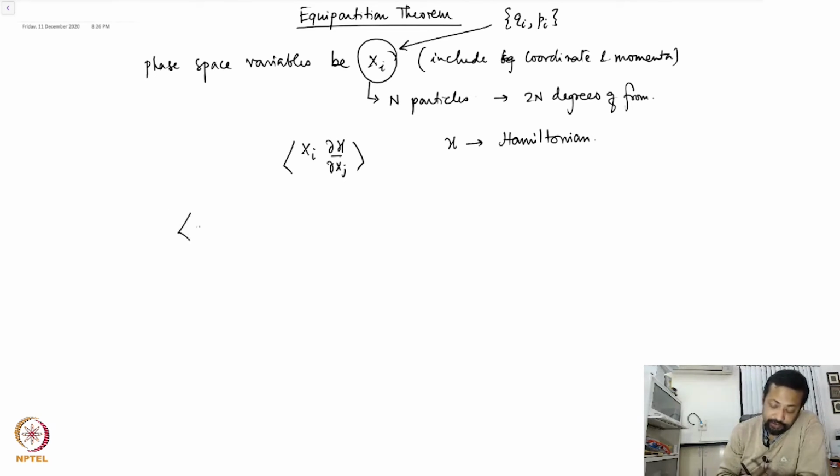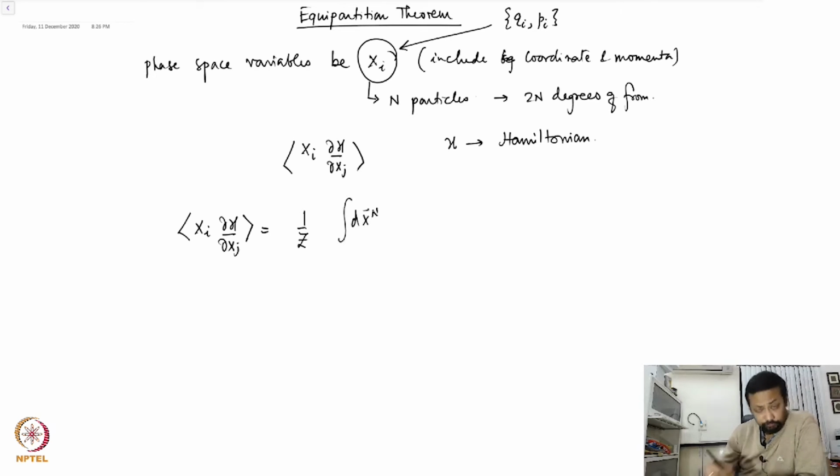By definition, the average of xi del h del xj is equal to 1 over Z integral dx1, dx2, and so on, e to the power minus beta h, xi del h del xj.